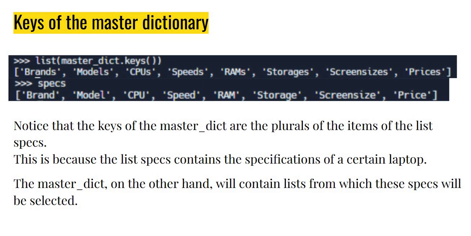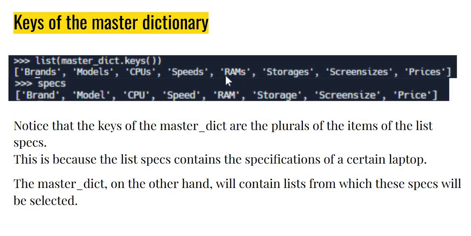Now, basically where we are going is that we are going to create one more dictionary. We have this dictionary called specs, which is brand, model, CPU, and so on. We are going to create from this a dictionary called masterdict. So like the master specs. Notice brand, there is a brands. Model, there is models. CPU, CPUs. Logical and sensible, because like I said, the model for every laptop will come from one of these models.